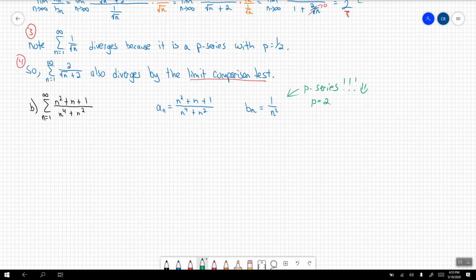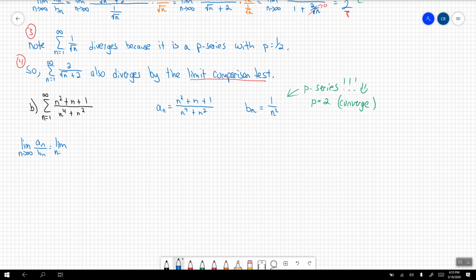Remember, higher p's means that the series will converge. Awesome. So now that we have that, again, that's just in our back pocket. What I want to do then is I want to start looking at these limits then. So let's look at the limit as n goes towards infinity for a sub n divided by b sub n.